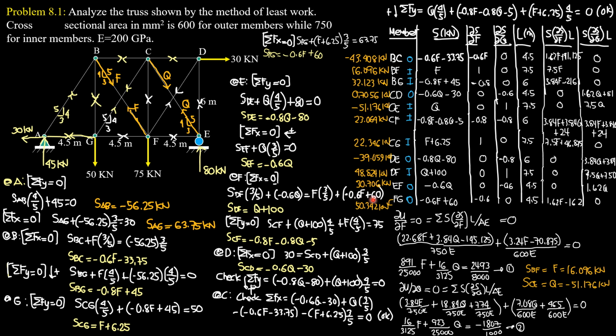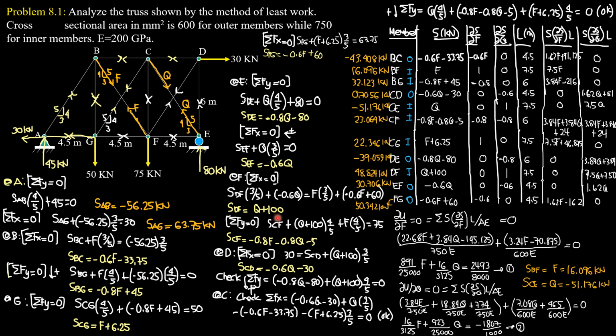Simplifying, we can cancel the negative 0.6 F. So SDF is Q plus 100. That is, 0.6 Q over 0.6 is Q, and 60 divided by 0.6 is 100.